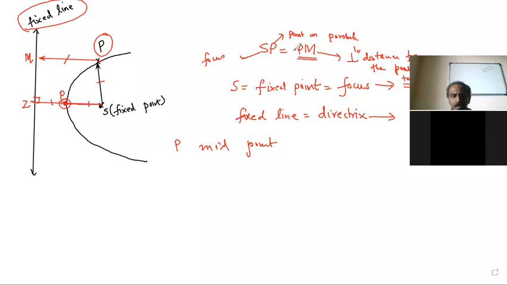Okay, now let me ask you a question. If I extend this to the x-axis, and I take this as the y-axis, let me take this point as the origin.